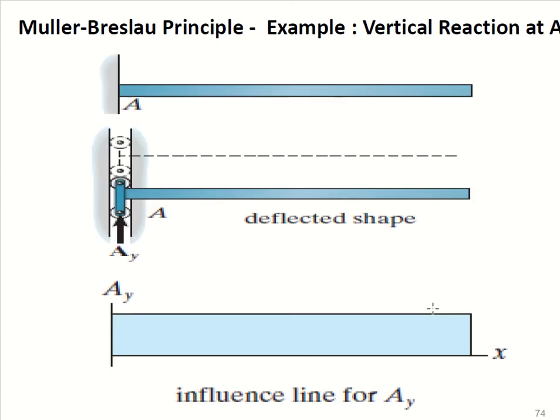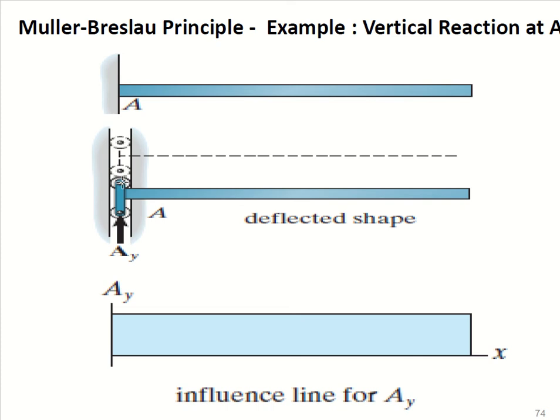And another example is of a cantilever beam. Okay, and it says the vertical reaction at A. By vertical reaction at A, it means that the beam will still resist the bending moment. See, you have applied two rollers so that the beam cannot rotate.